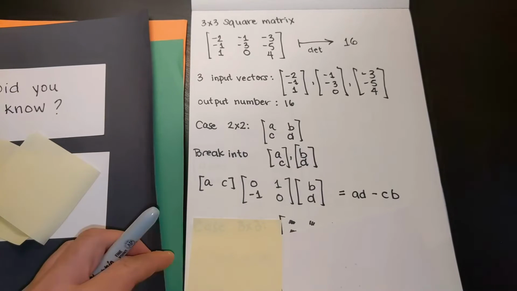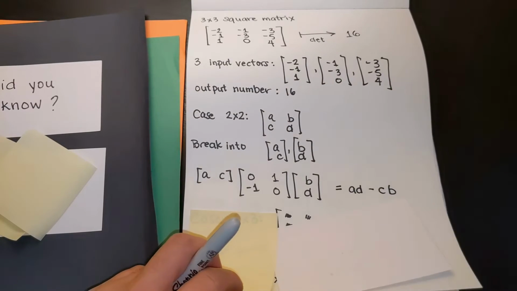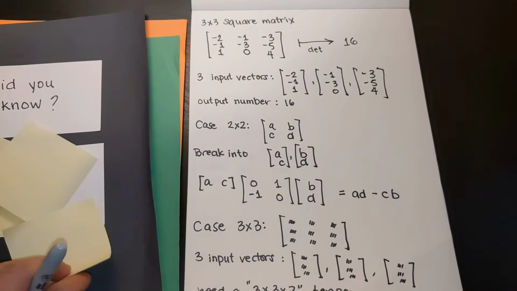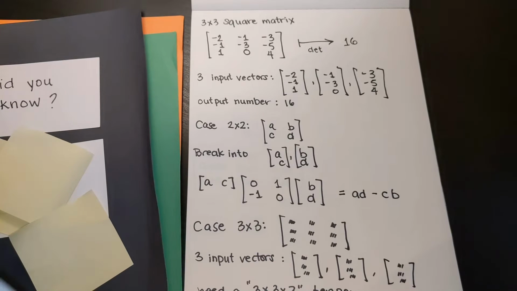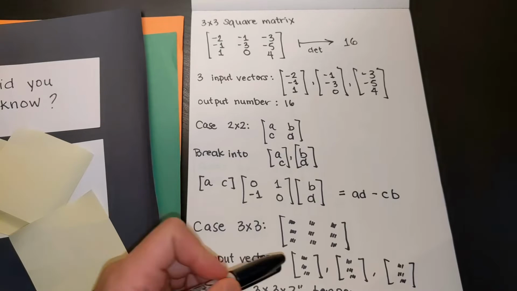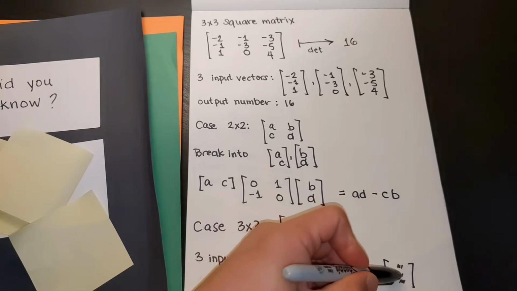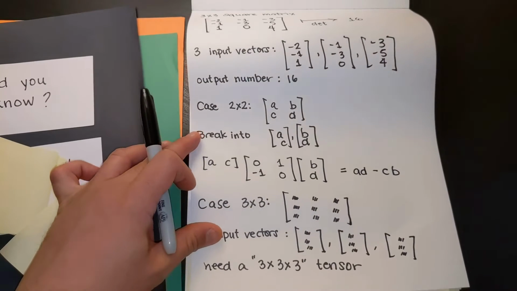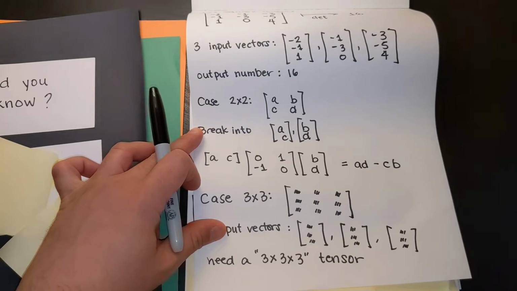For a 3x3 matrix, we would need a tensor with 3 input vectors. Each of the vectors has 3 numbers. That means we need a 3x3x3 tensor.